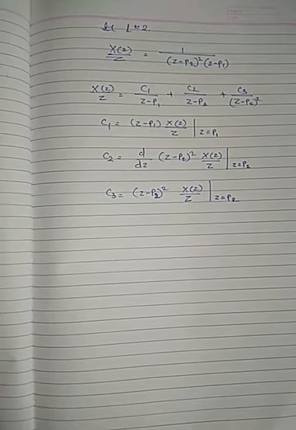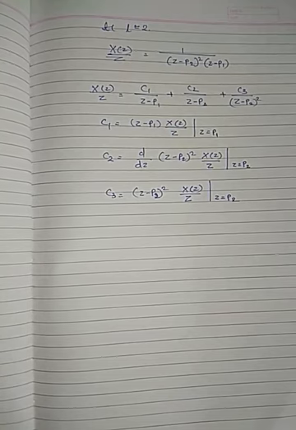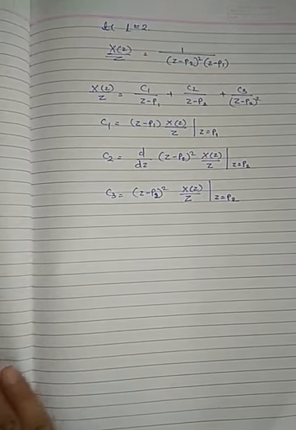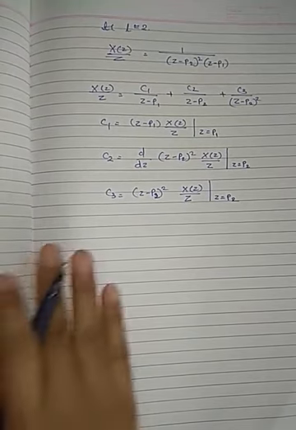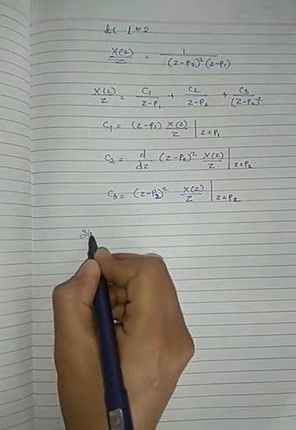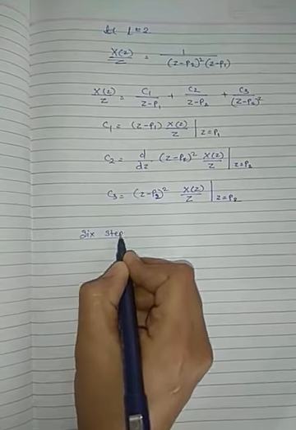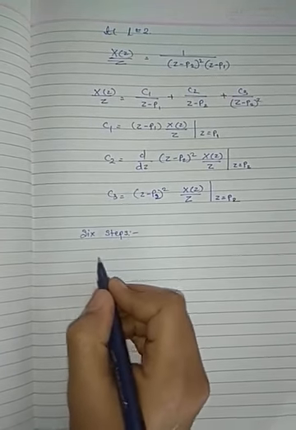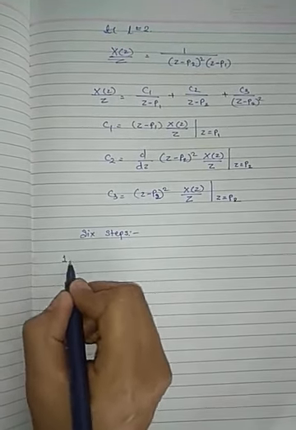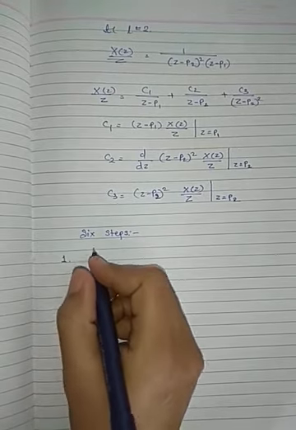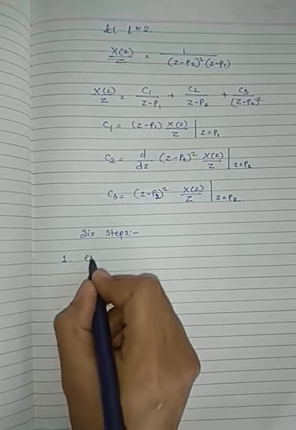So there are 6 different steps for the partial fraction expansion method. What are those steps? Firstly, we have to check whether the function is proper or not.